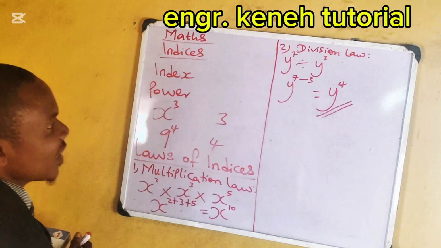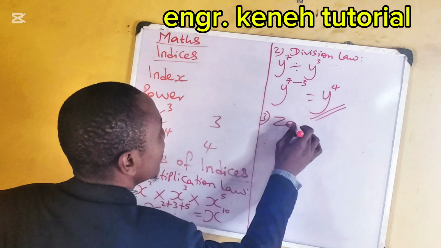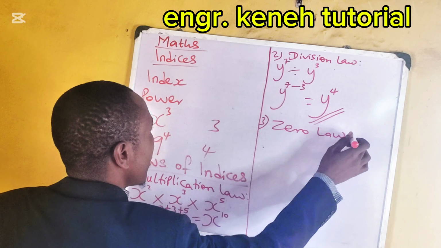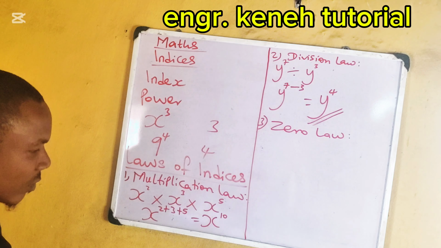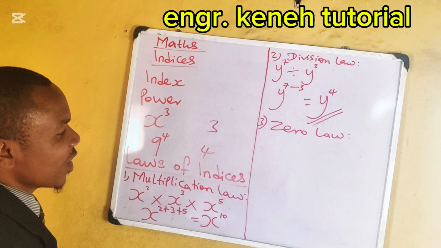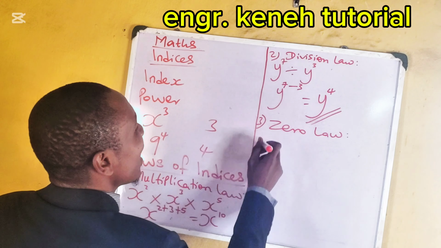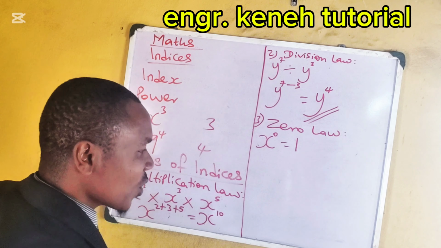All right, the next one we have is number 3. We have the zero law. This one states that anything that has a power of 0 is equal to what? 1. For example, when you have x raised to power 0, this law says that it is equivalent to 1.